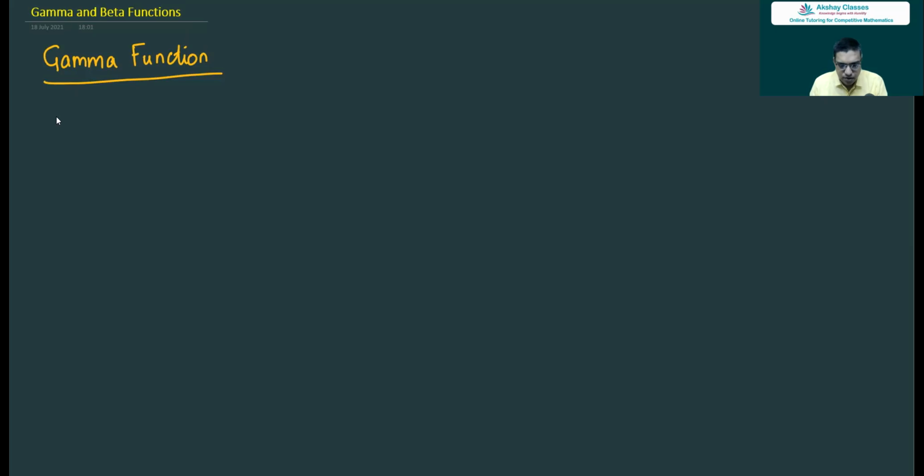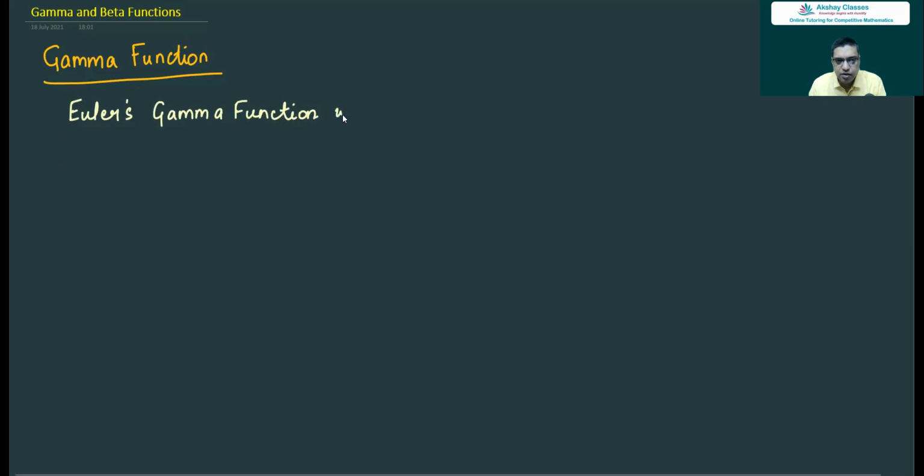Now, this is called the Euler's gamma function. Euler's gamma function with parameter alpha is defined as gamma of alpha.